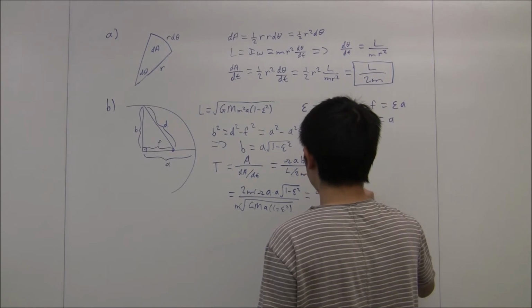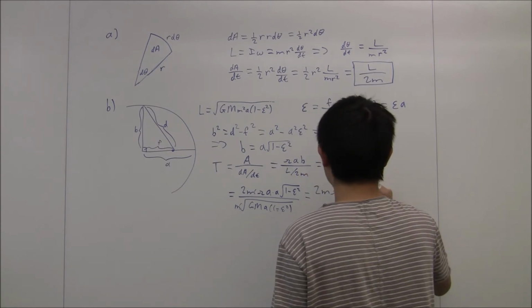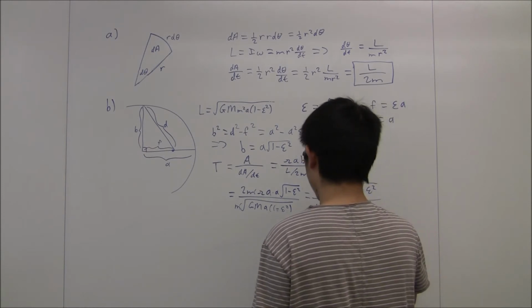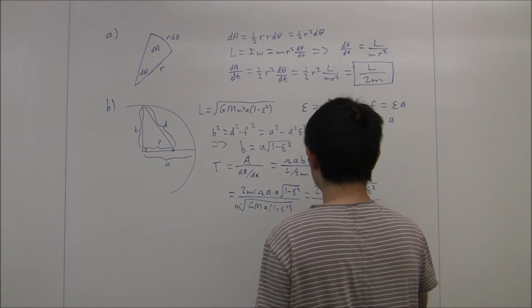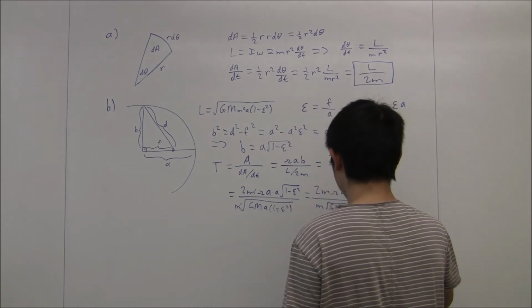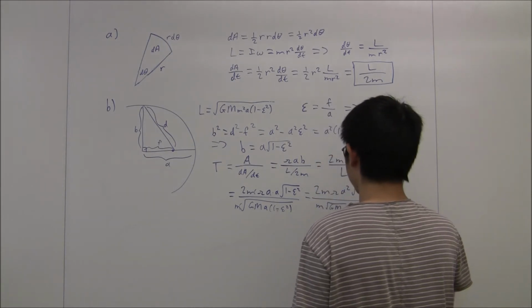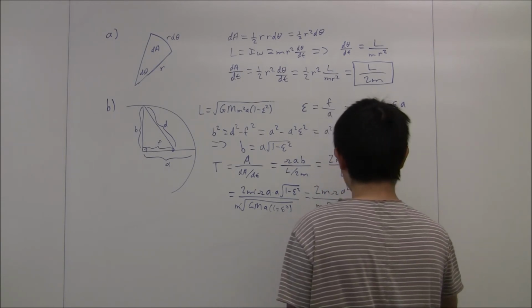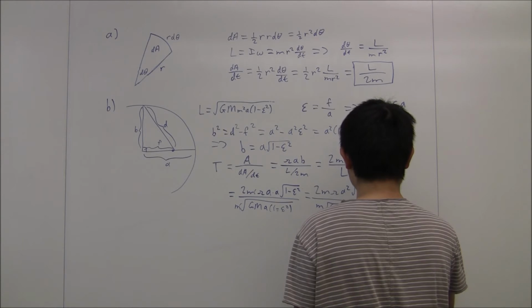2m pi a squared, square root of 1 minus epsilon squared, over m times the square root of big G times big M times the square root of a, which we'll write as a to the 1/2, times the square root of 1 minus epsilon squared.